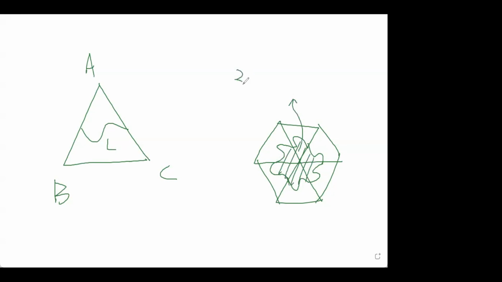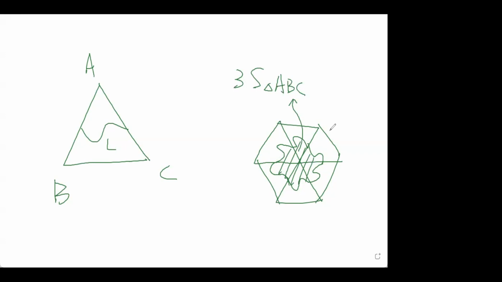We know this equals 3 times the area of triangle ABC, because the whole is 6 times the area of triangle ABC, so half is 3.